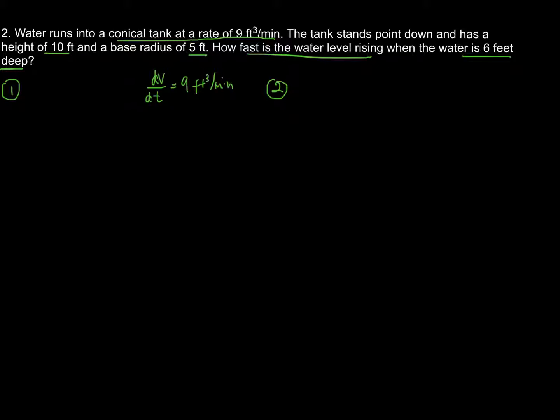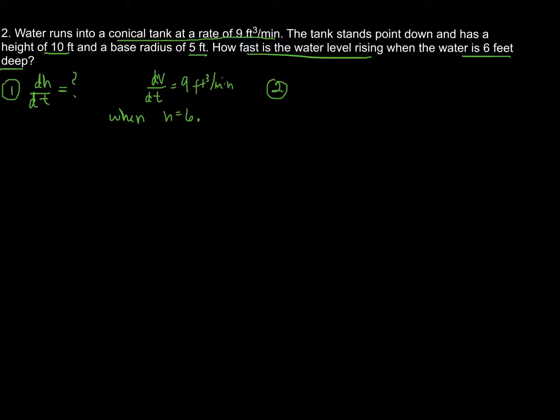And so I do know that what I am going to be searching for is dH/dt. I know dV/dt, and I know that I want to find this particular rate when H equals 6.